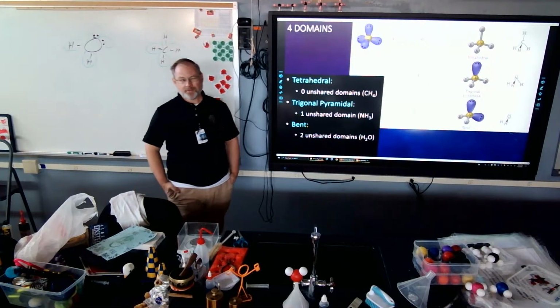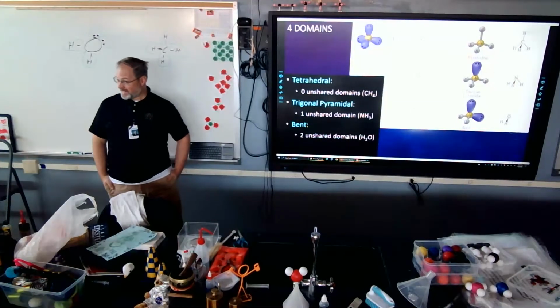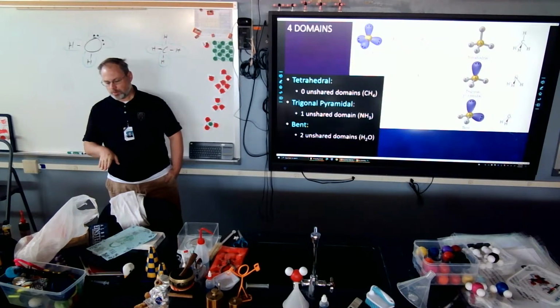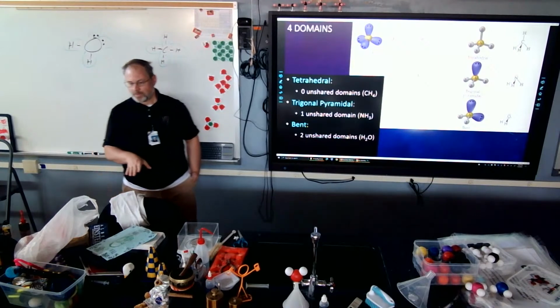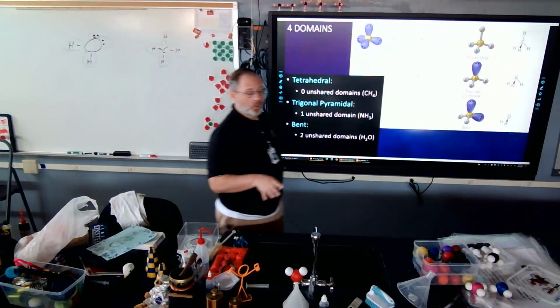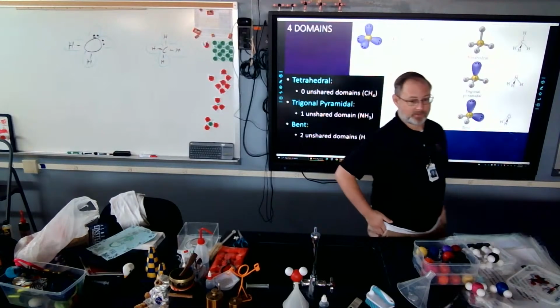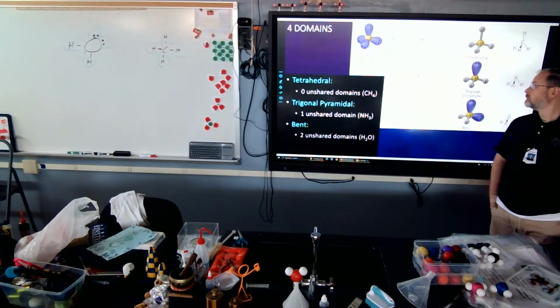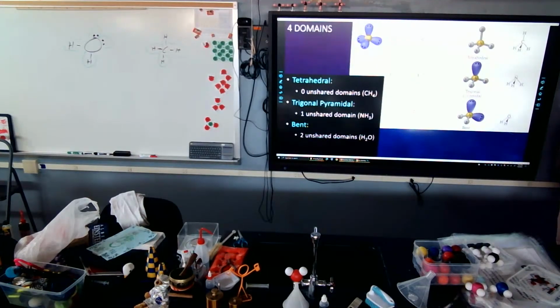I think the answer to the question you're asking is yes, but when you get to 2 of 5 or 2 of 6, then things are different. But if you are 2 of 3 or 2 of 4, then yes, bent. Does that sufficiently address your question? Yeah, that's what I was wondering. Thank you. Other questions?